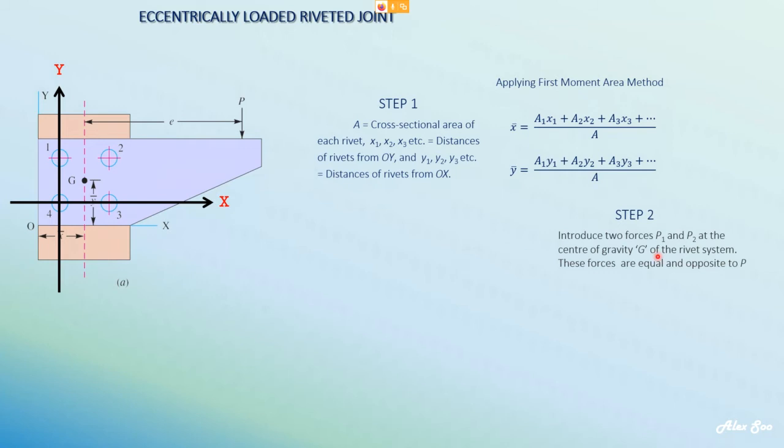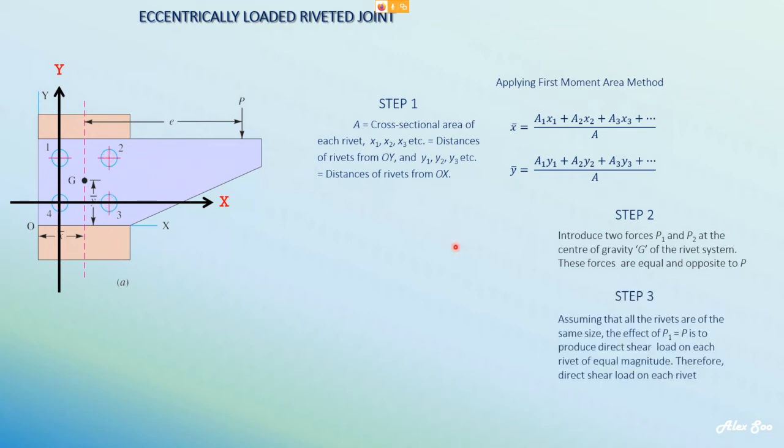Step 2, introduce forces, P1 and P2. Now this one actually you can skip. What you need to do is draw on the rivets a line of action of force that is acting vertically downwards on each rivet.